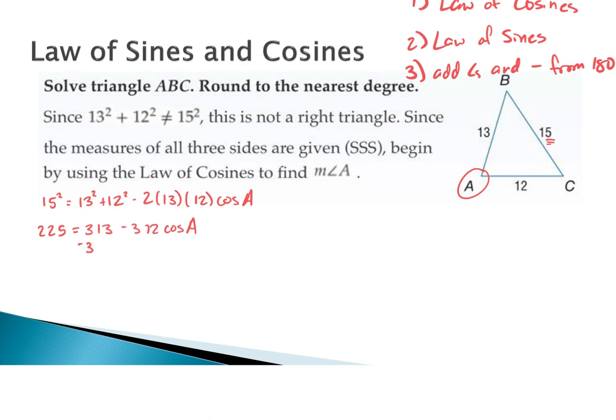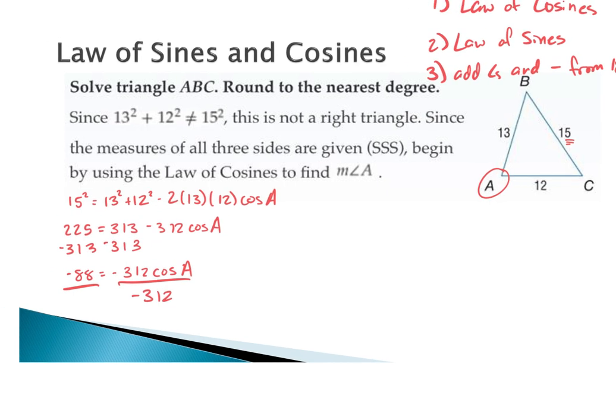All right, instead, I'm going to subtract 313 from both sides. And that is 225 minus 313. And that gives us a negative 88. Divide both sides by negative 312. Negative 312.